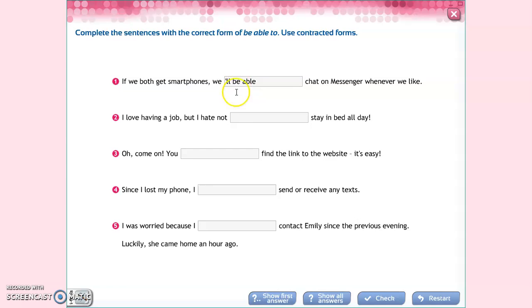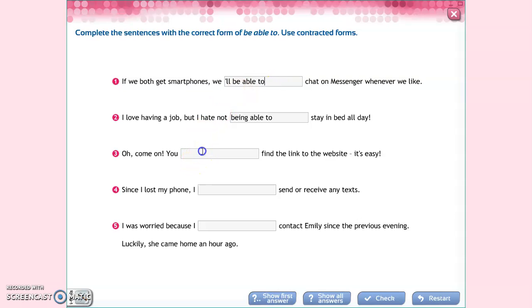Number 2 says, I love having a job, but I hate not being able to stay in bed all day. So we are missing the particle to here.